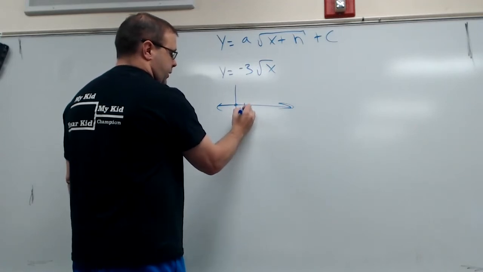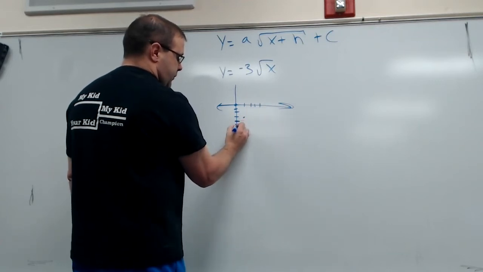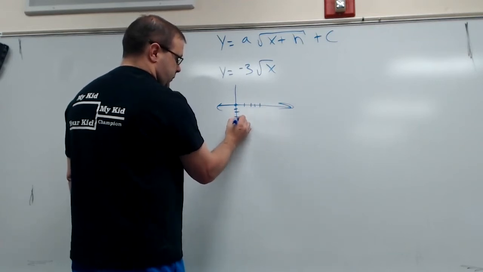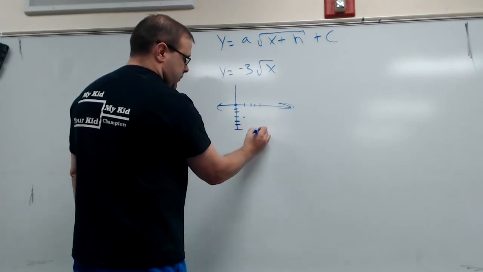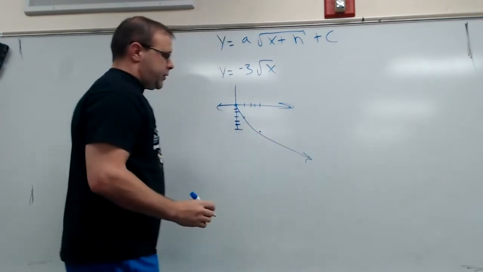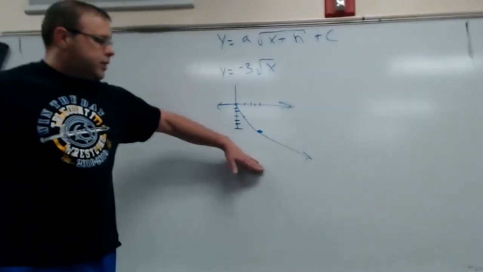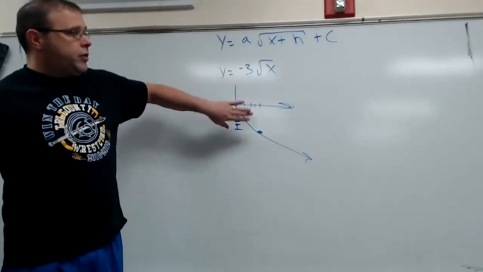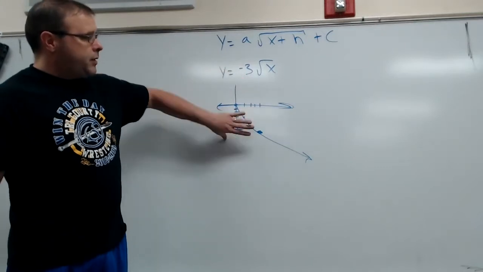I get -3. 4. -6. And what we're seeing there is it's going to start arching that way. Big dot there. So it's going to arch that way. So any negative there is just going to mirror it across the x-axis. So we see a negative out front of the square root, we're going to mirror it.